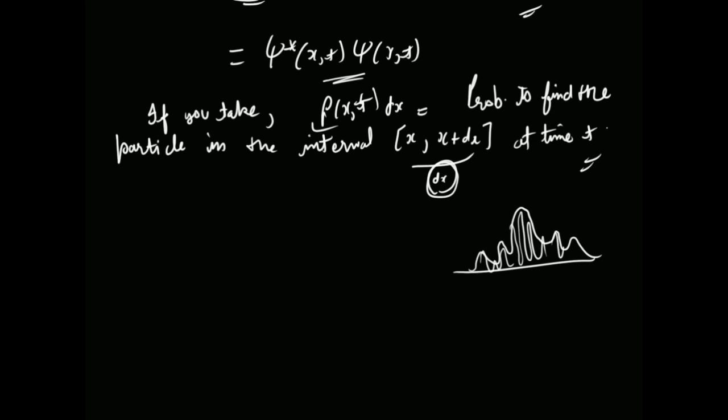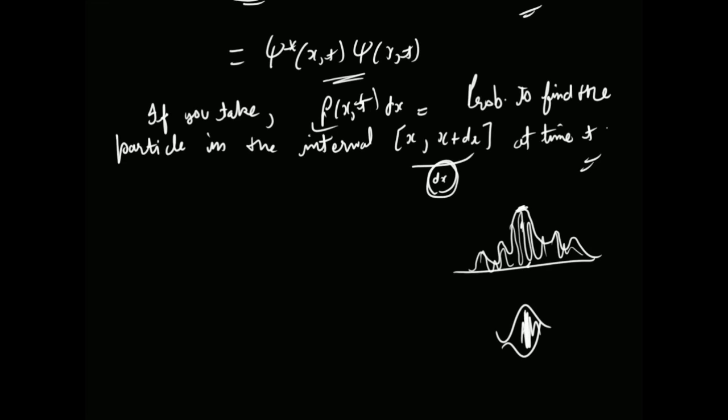This position here is where the probability that the particle is present is maximum. The particle is at the central region of the wave function, and the probability that the particle is here is maximum.